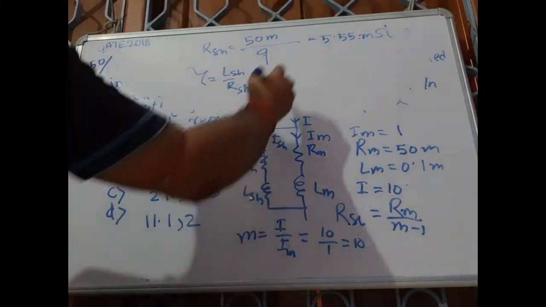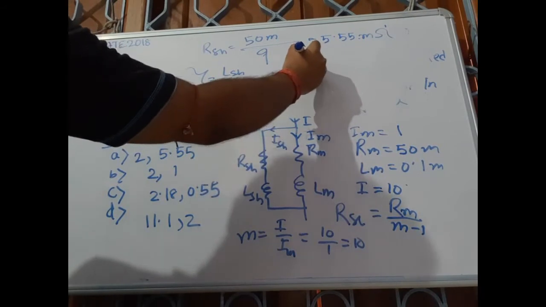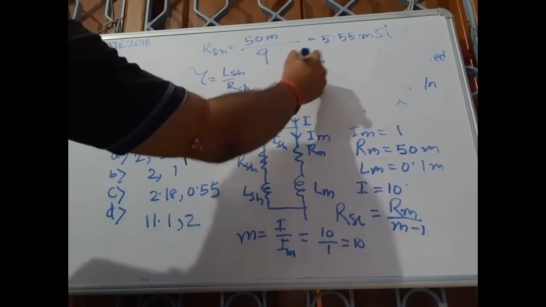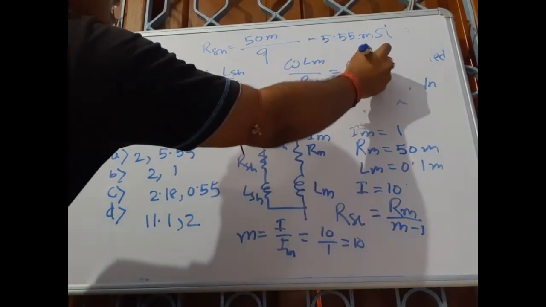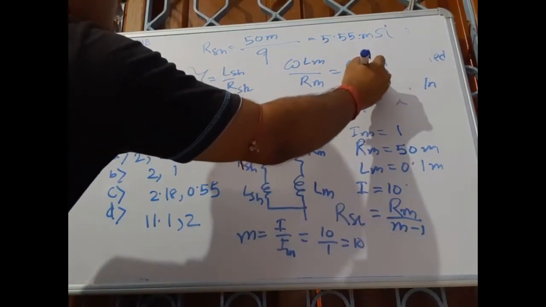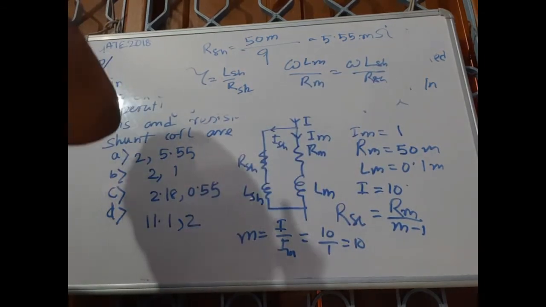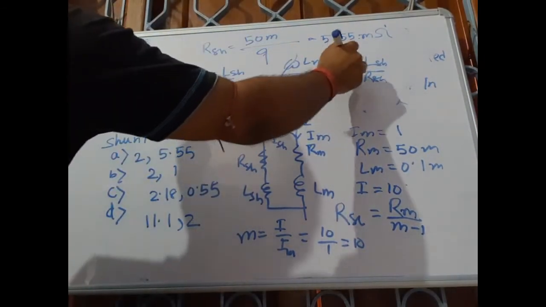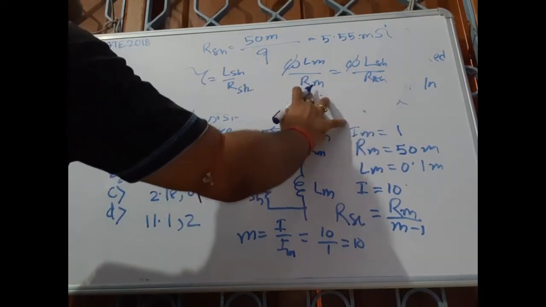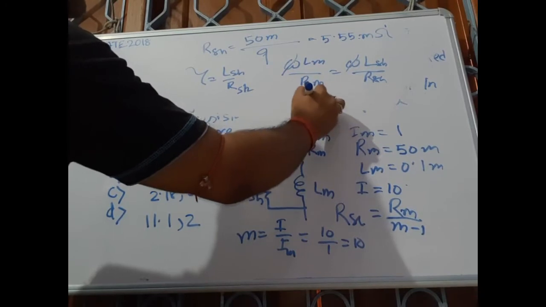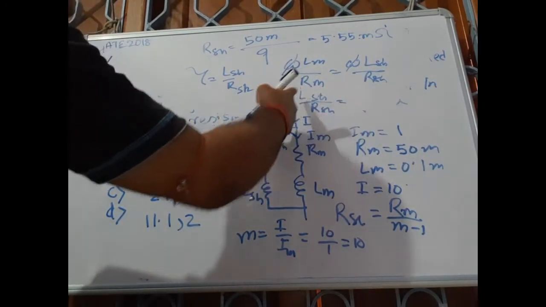Now we have omega Lm divided by Rm is equal to omega Lsh divided by Rsh, right? Now if I cancel out the omega, we have Lsh divided by Rsh is equal to Lm divided by Rm.